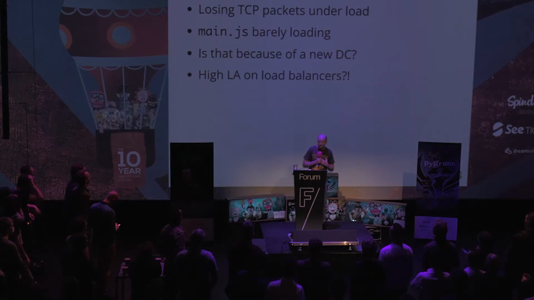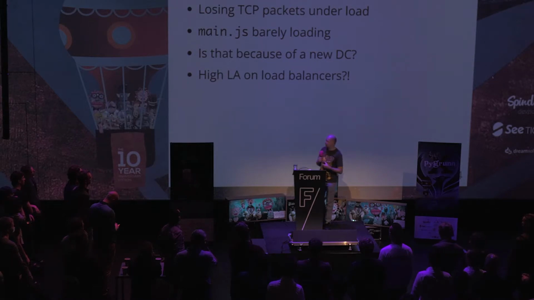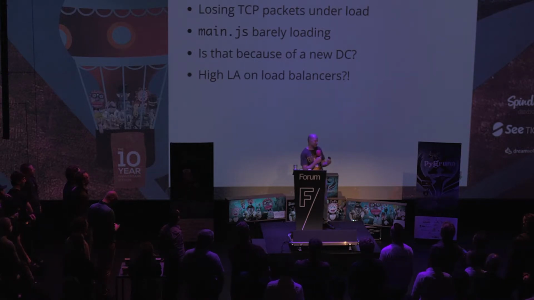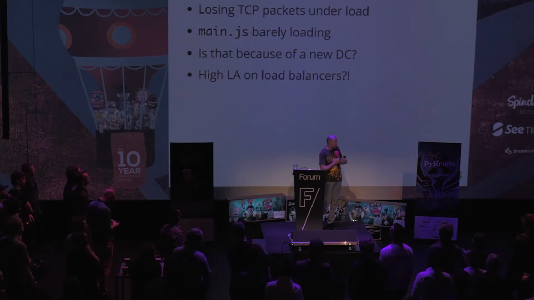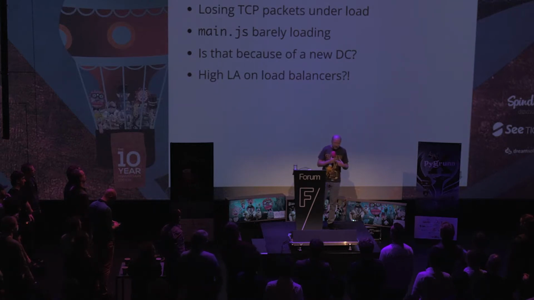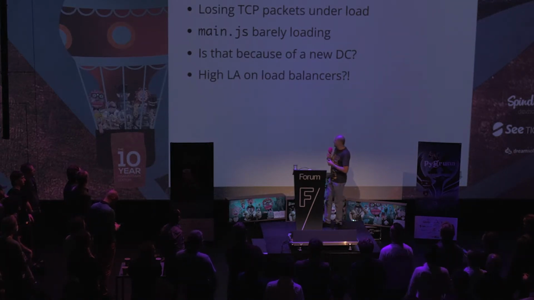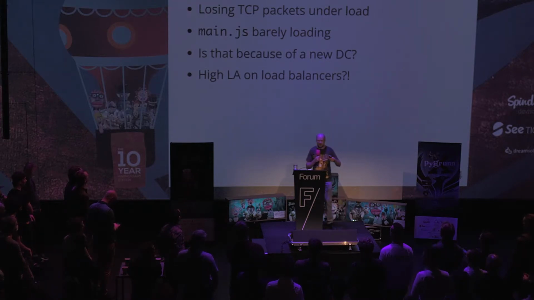We have this single page application site, and our JavaScript file, main.js, is really important to us, because if it's not loaded, the site is not really working. And it can't load because something is happening. At some point in the investigation, we noticed that there is a really high load average on our load balancers.